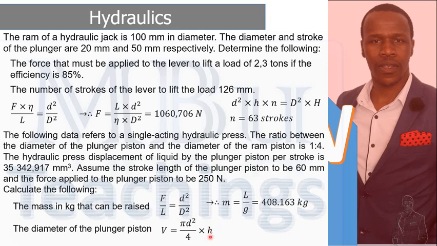So that is the stroke length, which is that 60. So we will have V there, 35,342,917. Then you multiply that V by 4. Then you divide by pi. You also divide by 60, because pi and 60 will go together, 60 millimeters.